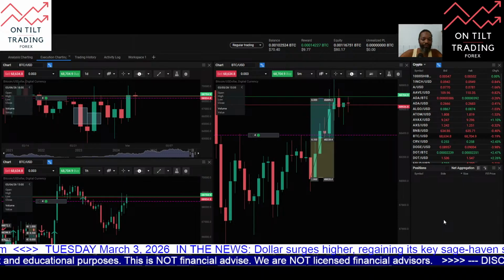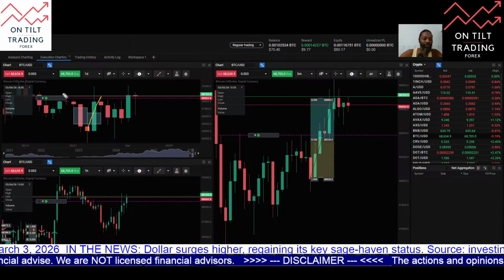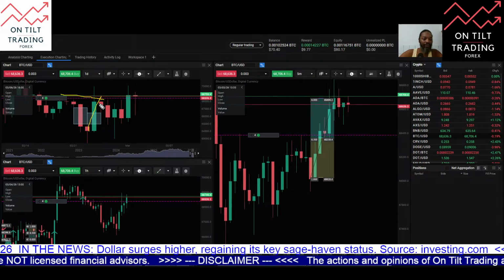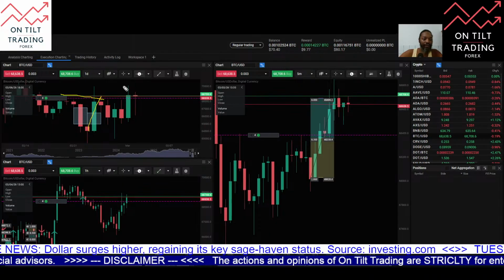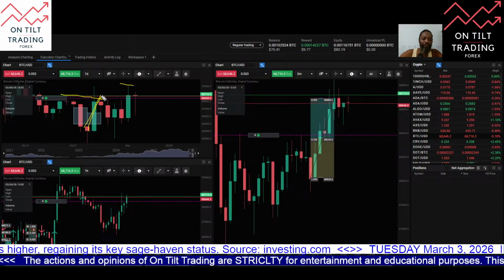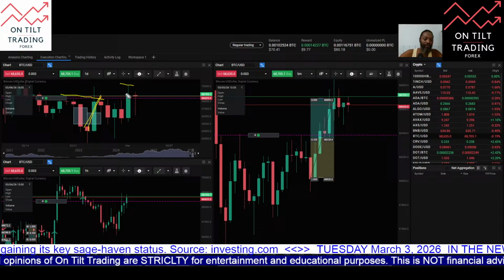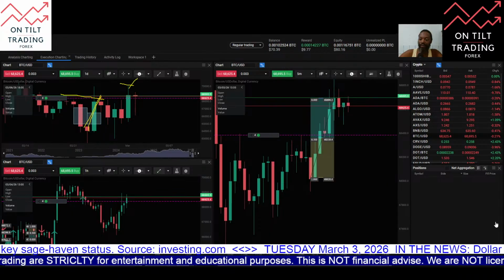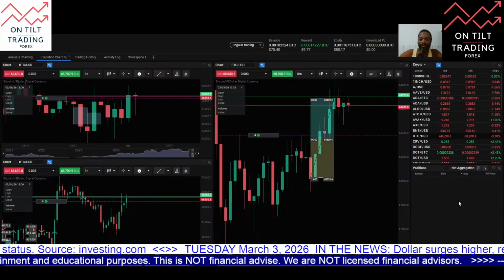But you can see price trend here on the daily, and then put this wick in after it. So bullish price action, and then further bullish price action. So we'll see if there's any continuation with this.